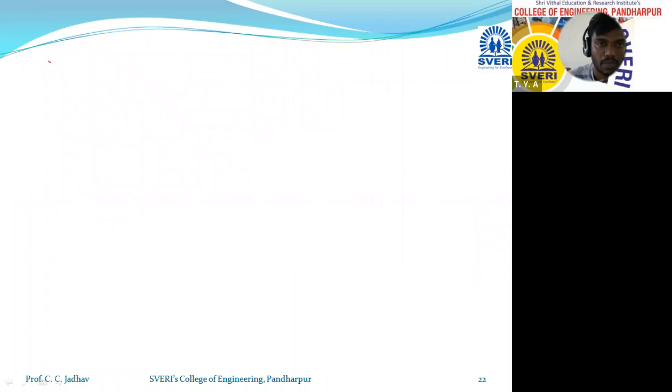Here we have to go for step 1. Step 1 काय आहे, stiffness matrix of the element. You have to calculate the stiffness matrix.